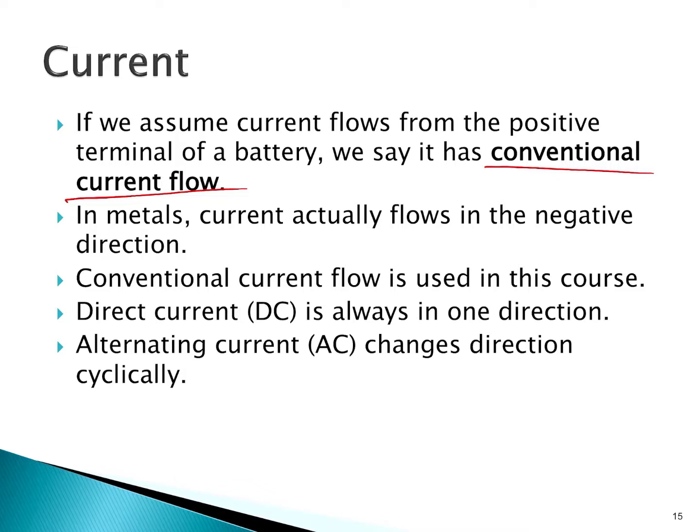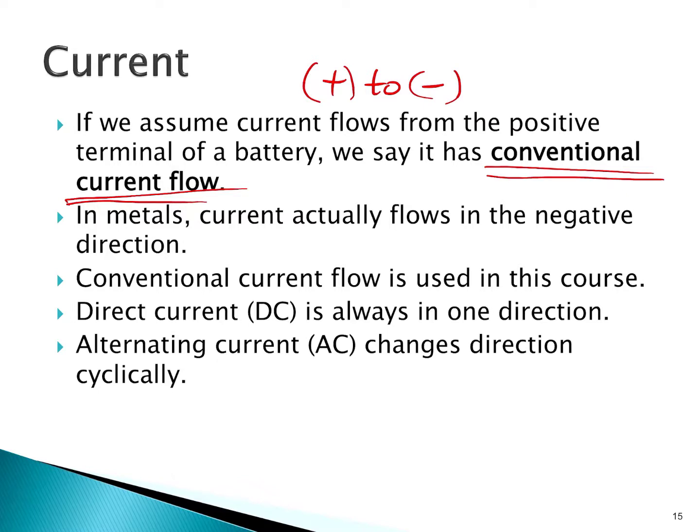But when it comes to our course and SAIT's electrical standard for current flow direction, they use what's called conventional current, what we see here. And that means it flows positive to negative. So all of our examples will show positive to negative.